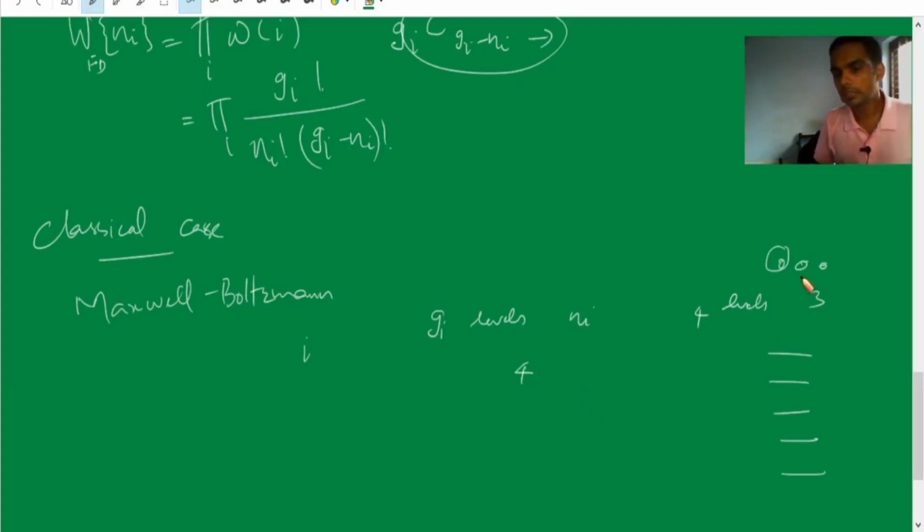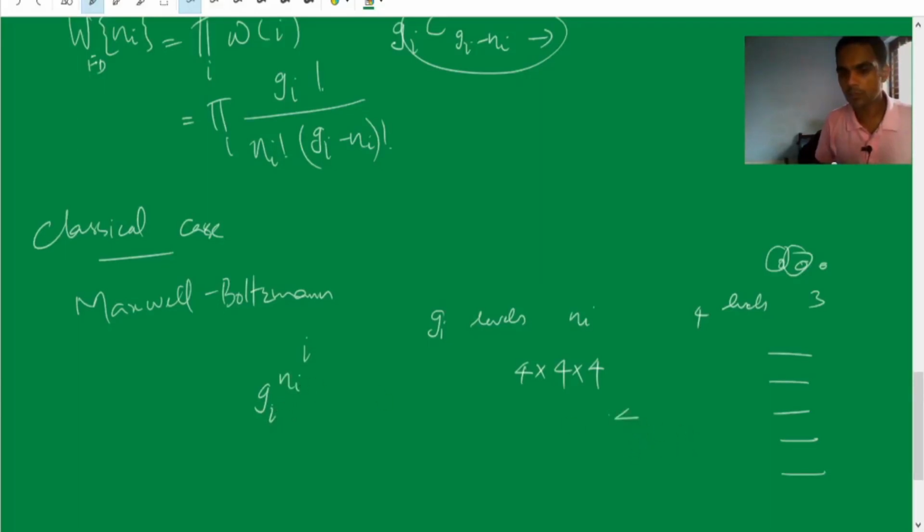Now there are 2 more remaining. I'll take this also. How many ways? There are 4 ways. For this also there are 4 ways. So the total number of ways to arrange these 3 particles in 4 levels is 4 into 4 into 4. That is Gi power Ni.